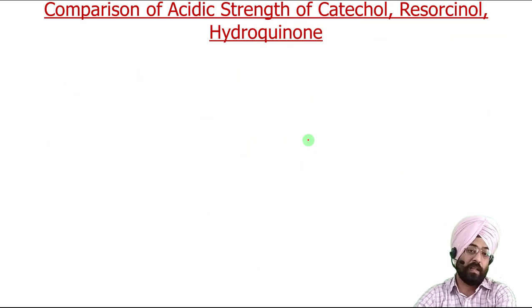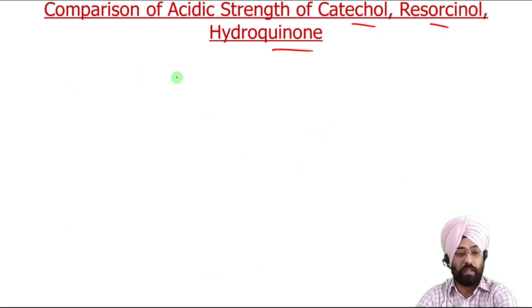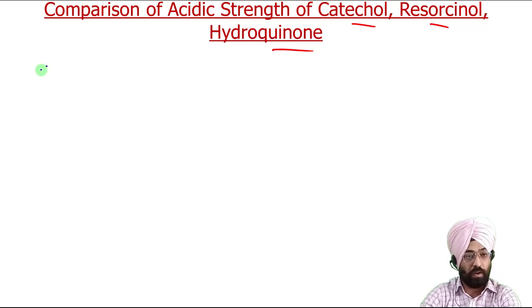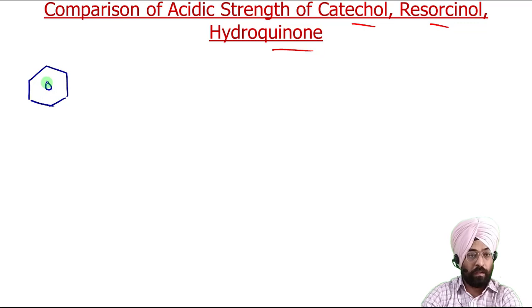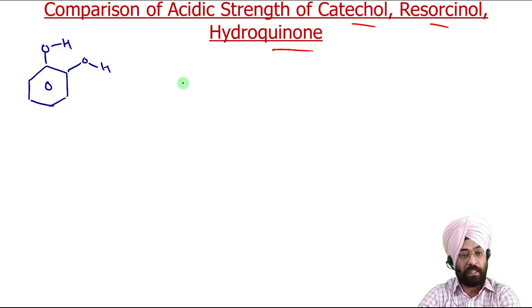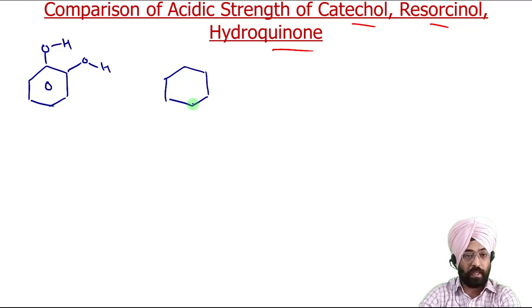Now let us see the acidic strength of catechol, resorcinol and hydroquinone. Let me write the structures. First catechol. So this is your catechol, OH. I have deliberately written it like this. You might have guessed why: I want to show intramolecular hydrogen bonding here.